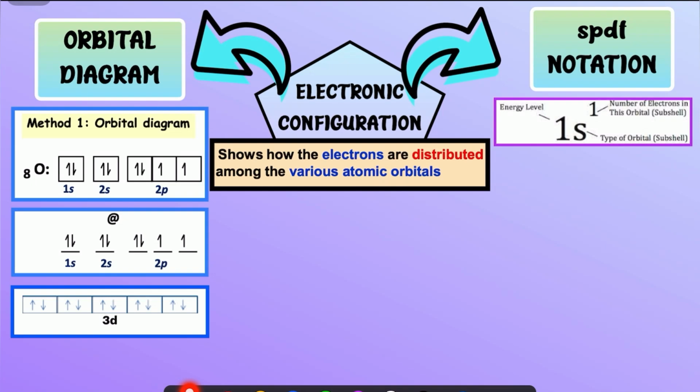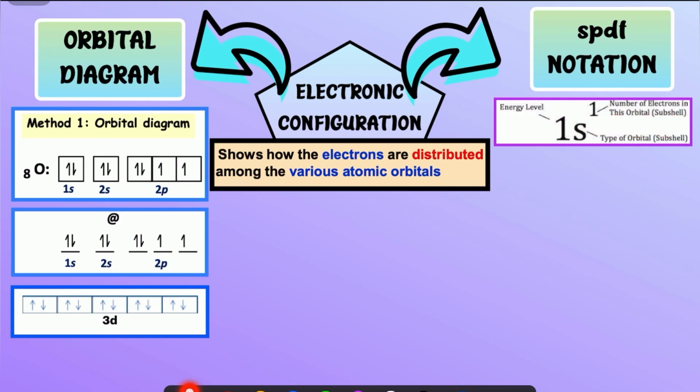So you know that there are s orbital, p orbital, and d orbital. So here it can be orbital p or d. And then the superscript 1 here, the number here, refers to the number of electrons in the orbital.